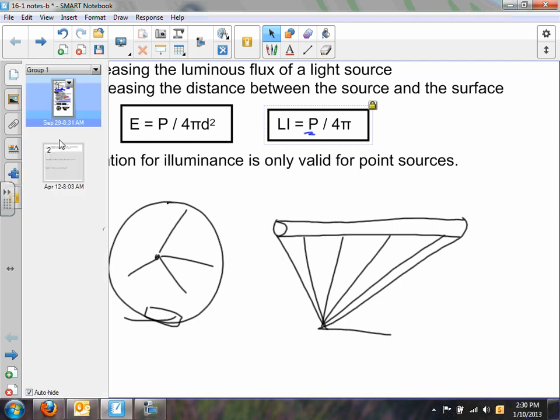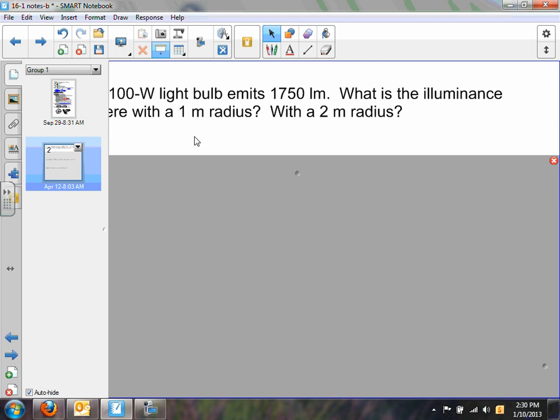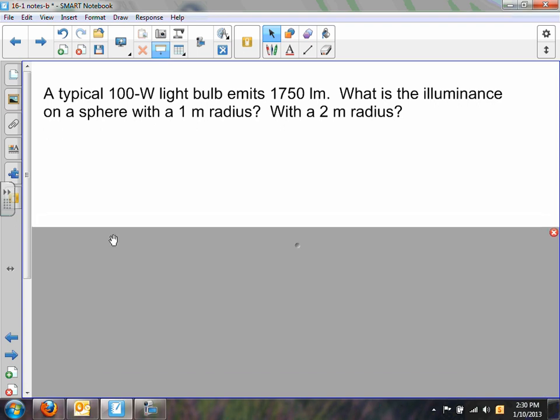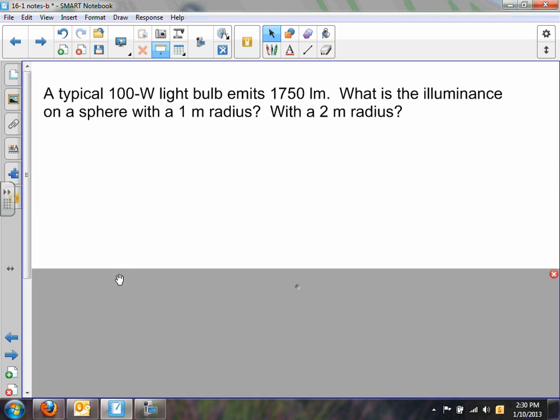Let's look at a couple example problems here. First one, a typical 100-watt light bulb emits 1,750 lumens. What is the illuminance on a sphere with 1 meter radius? Well, illuminance, we know, is P divided by 4 pi d squared.